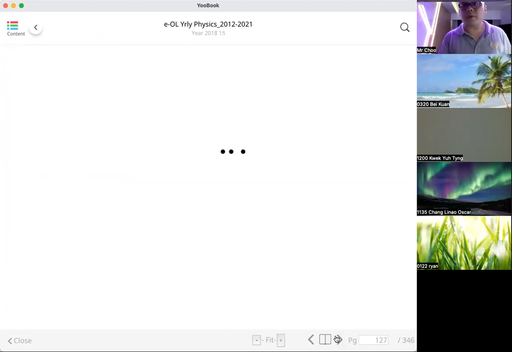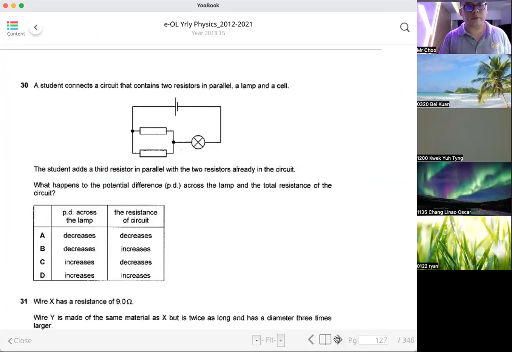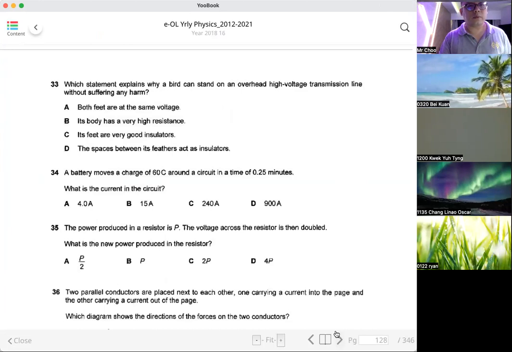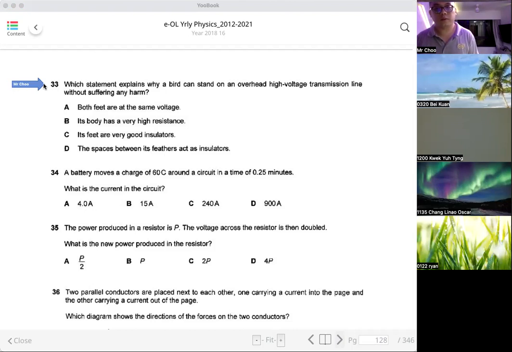Let's do question number 33. Okay, you all may begin. What do you think is the answer?